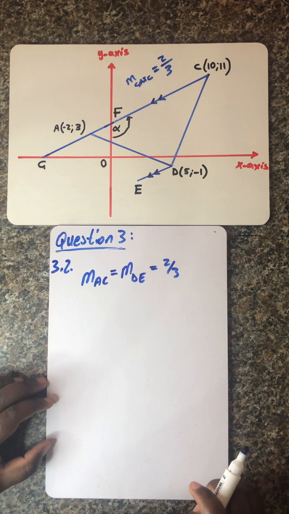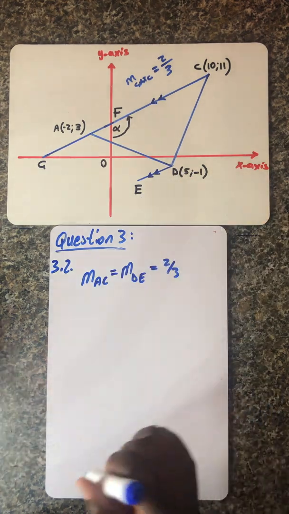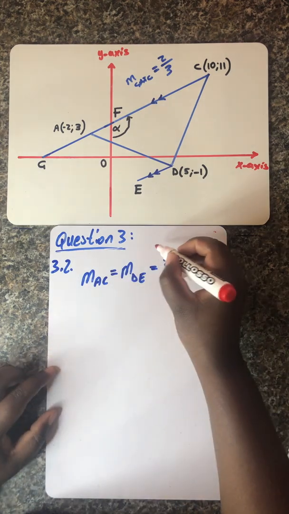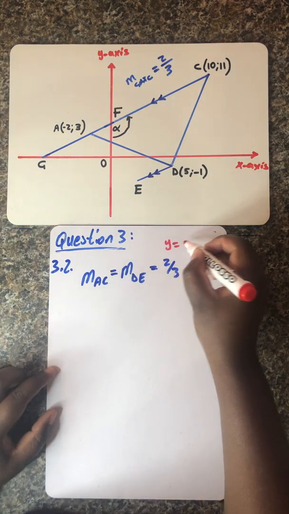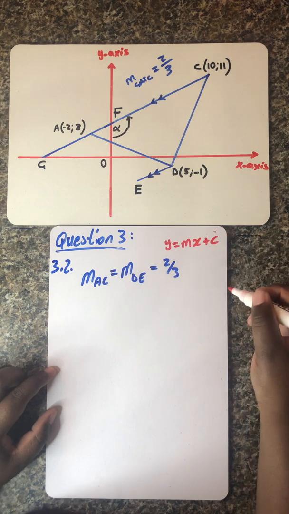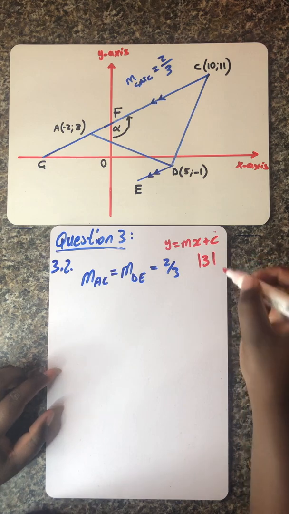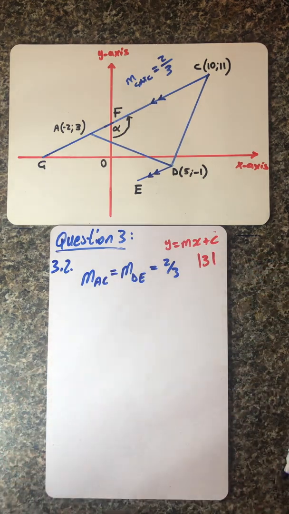So, ladies and gentlemen, remember what the question wants us to calculate is the equation of line DE, let me write it down, in the form of y equals mx plus c. And this question is allocated 3 marks.